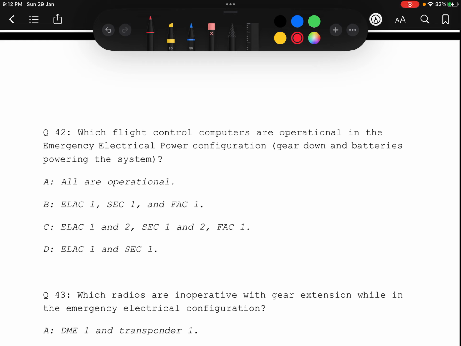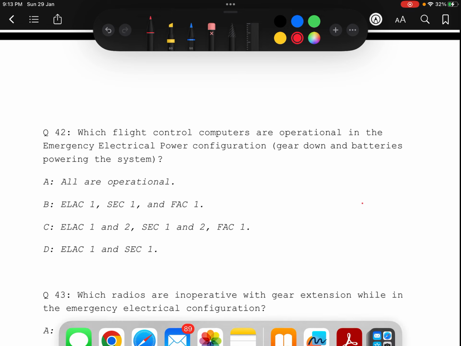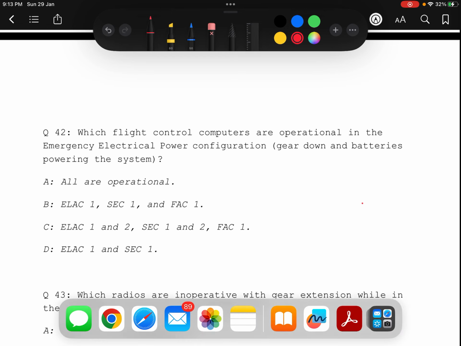You'll go to the FCOM, but you will not be able to find the explanation of this question. This explanation will be in the QRH. If you go to the emergency electrical configuration, systems remaining, availability of systems, I'll go to the QRH once for you, and there we will find it.